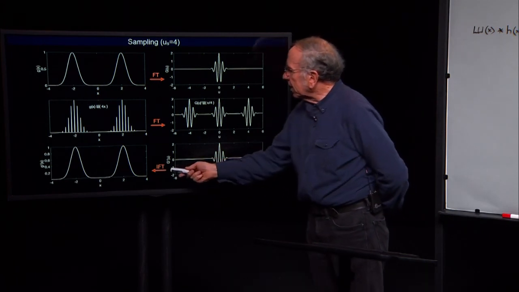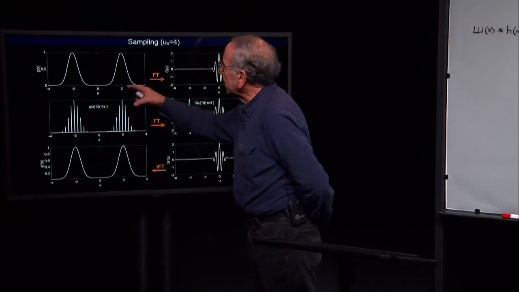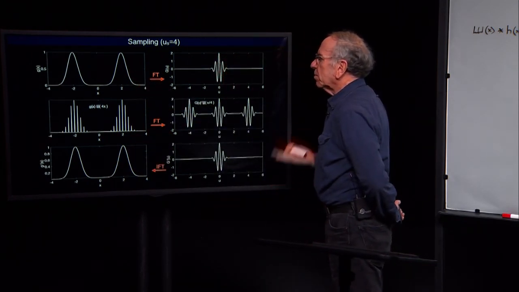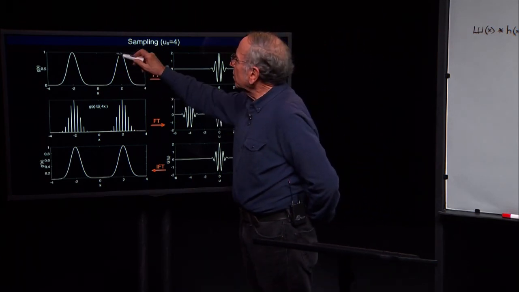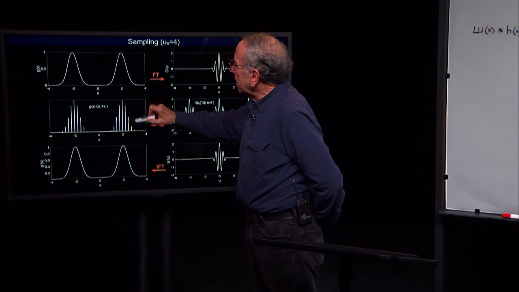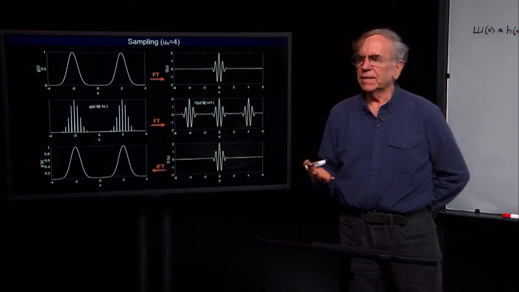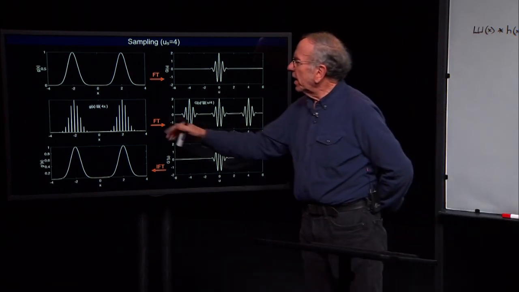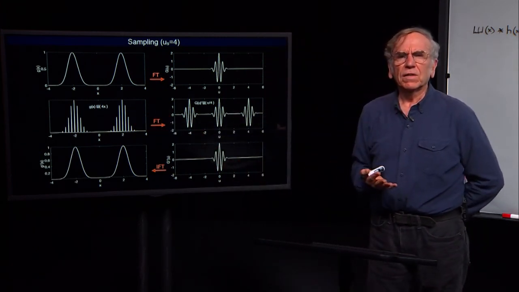I can take the inverse Fourier transform, and what I get is a smooth curve that looks exactly like the original, even though we threw away a whole lot of information. We started with this continuous function, and then multiplied it by a sampling function so that we have just this series of delta functions. So we don't know anything about the values that the function took in between those delta functions.